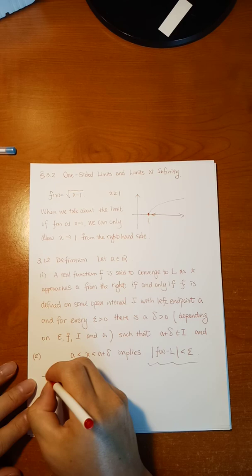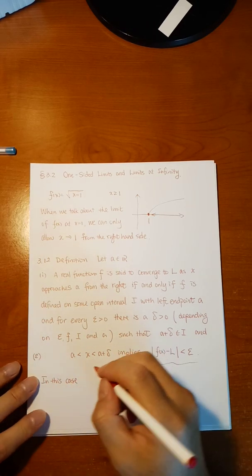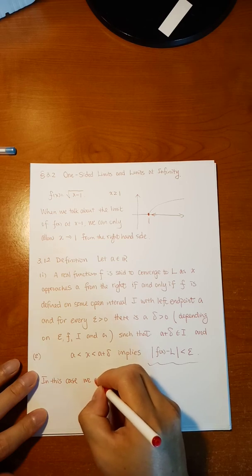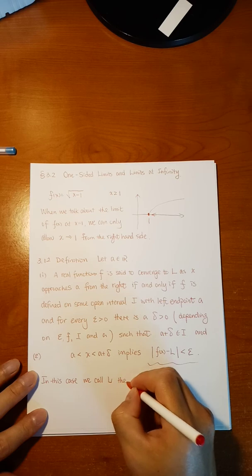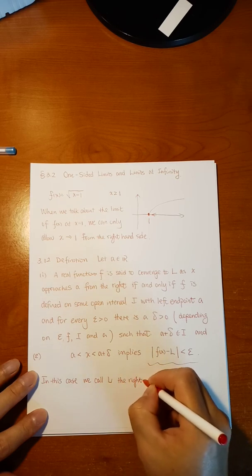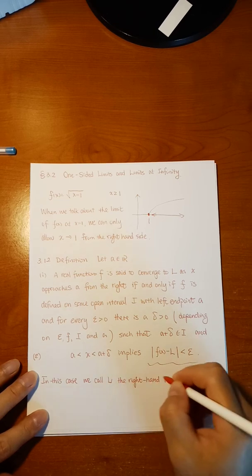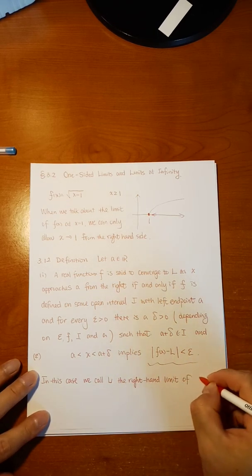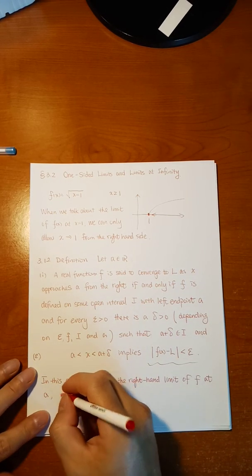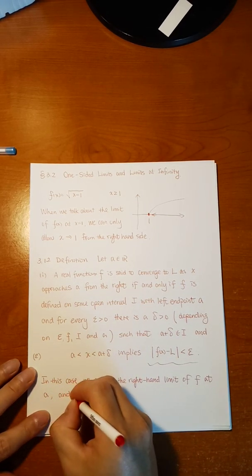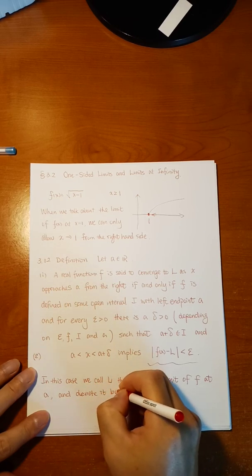In this case, we call L the right hand limit of f at A, and denote it by the following.